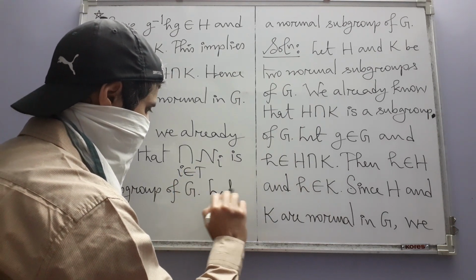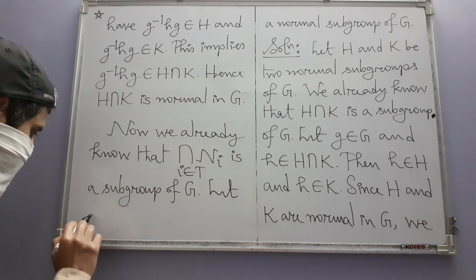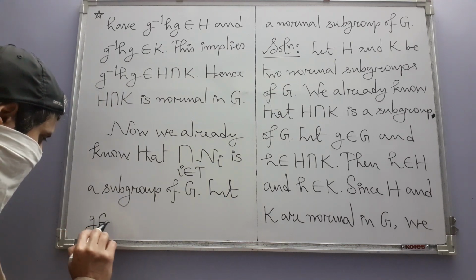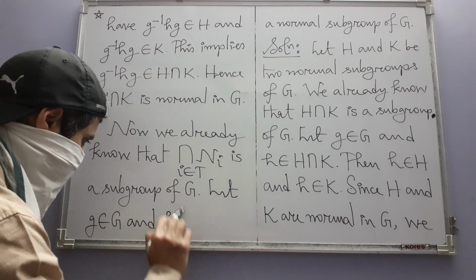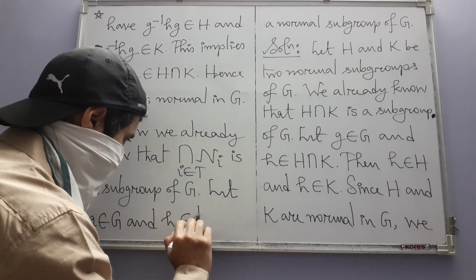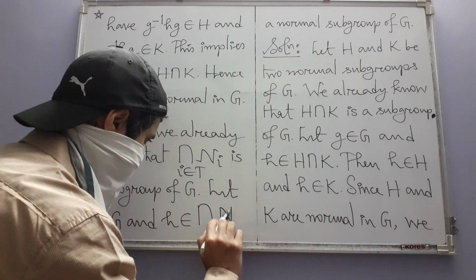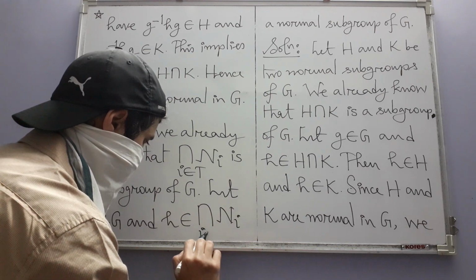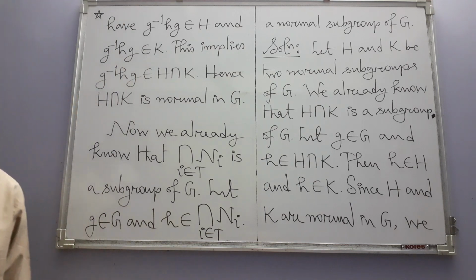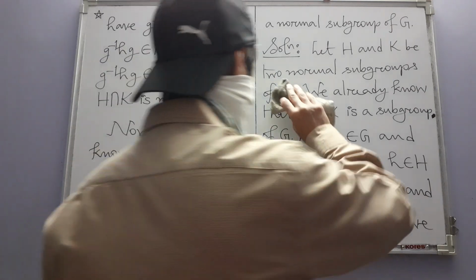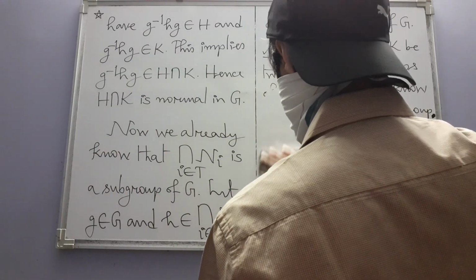Let g be any element in G and h be any element in this intersection.